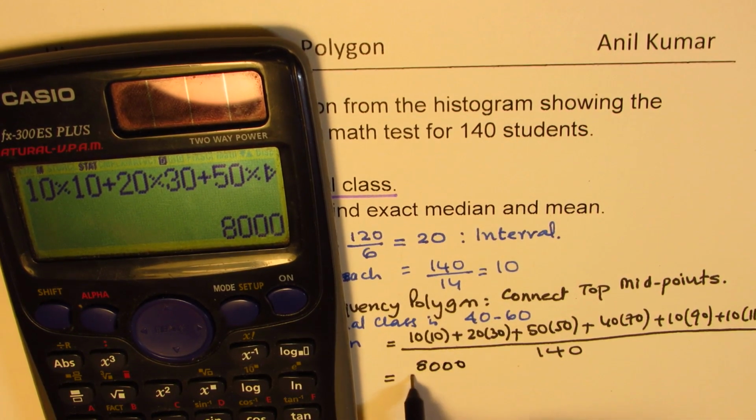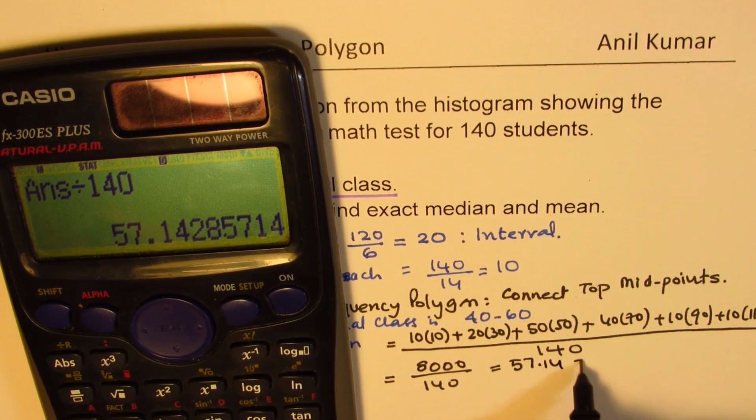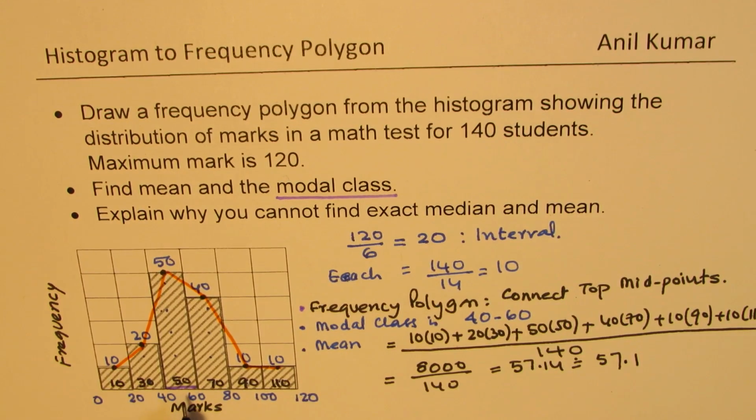We divide this by 140 to get the mean, which is 57.14, or approximately 57, correct? So you can write 57.1 to one decimal place. So the mean, as expected, is right there somewhere, slightly less than 60, within this modal class. So that becomes the estimated mean in our case.